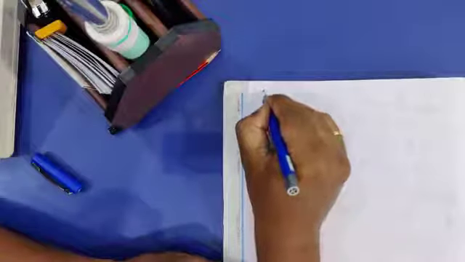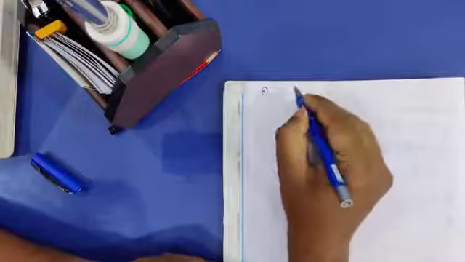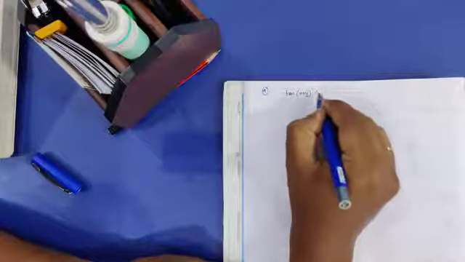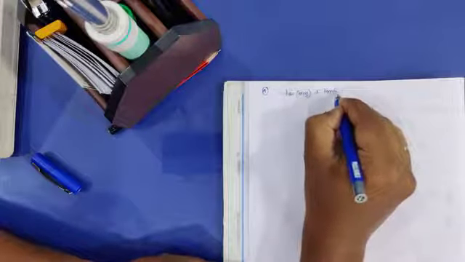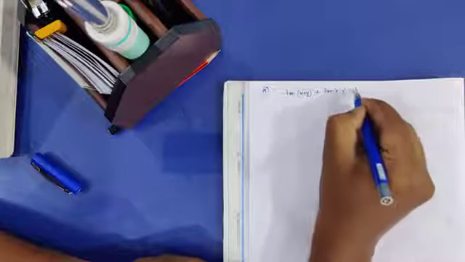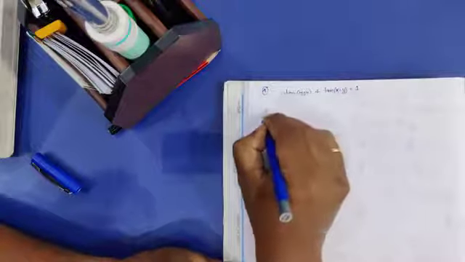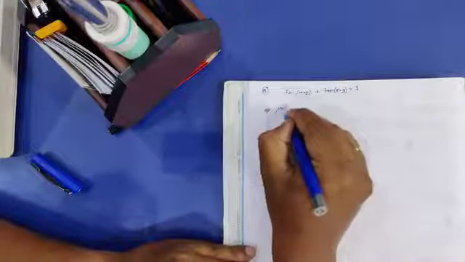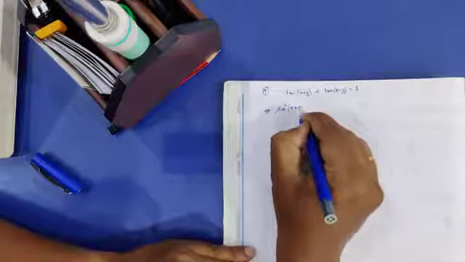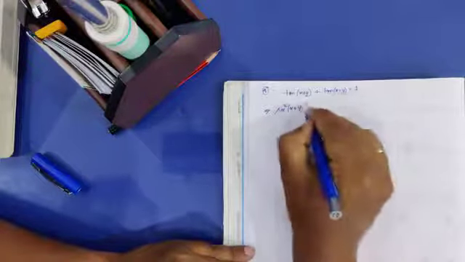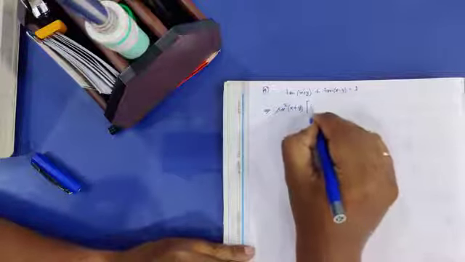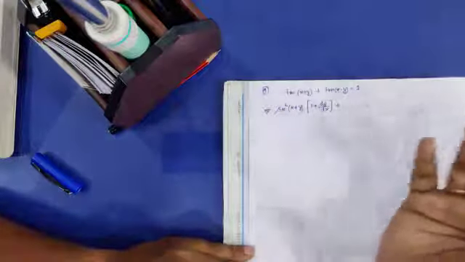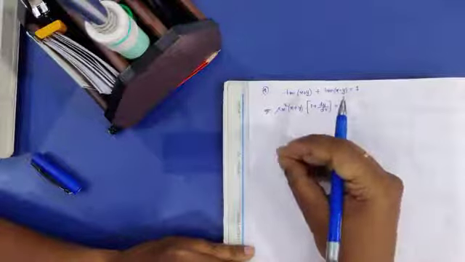Number 4: tan of x plus y times tan of x minus y is equal to 1. Now if you differentiate this with respect to x, for the tan function the derivative is sec square. Simply write sec square of x plus y. Assume this to be x, but it is not x. Now go inside: for x it is 1, and for y you must write dy by dx. When you are differentiating a different variable with respect to x, you have to write the derivative.